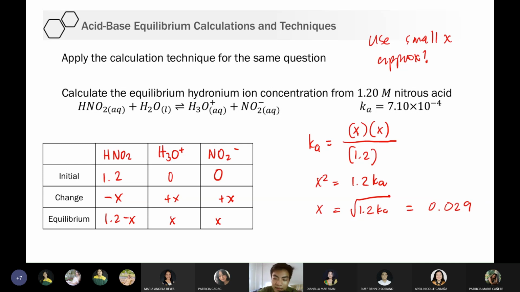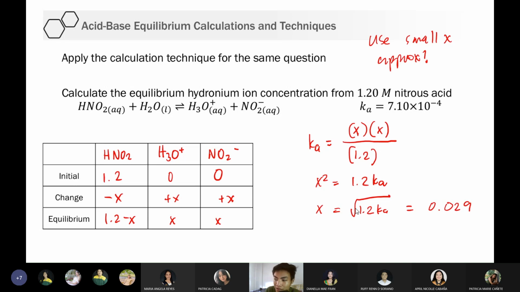You can easily get the x value when you assume that the x on the denominator is small. Okay. So you check muna if you divide the concentration by the Ka, if that's greater than 1,000, pwede mo siya burahin. Pag binura mo yon, the solving for x will be very smooth na, very easy. Okay.